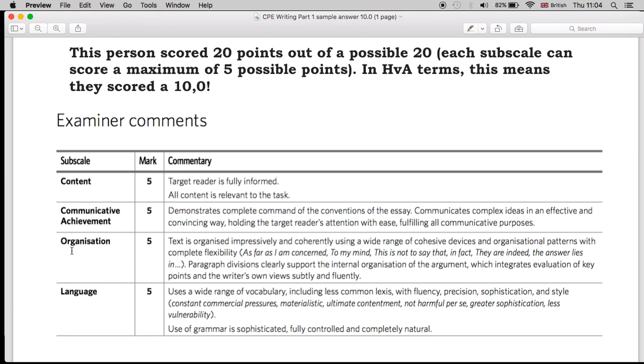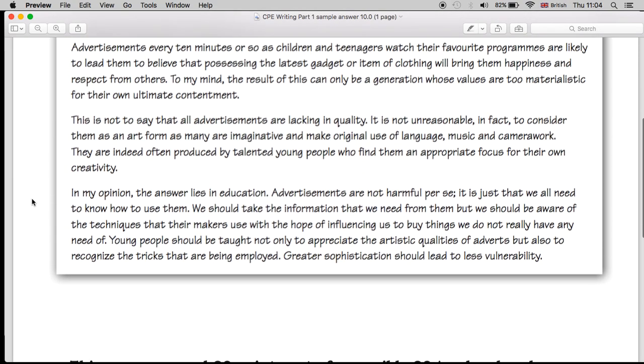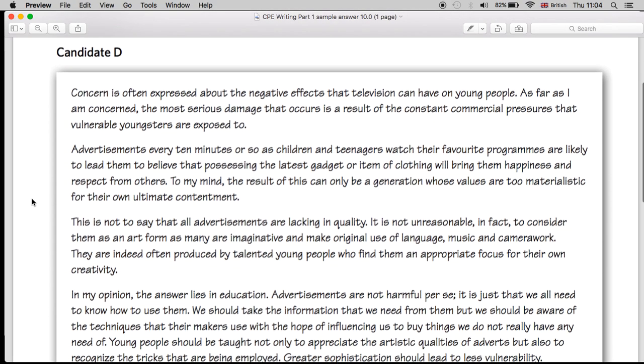Organization, is your writing logical and well organized? Do you use cohesive devices, linking words and structures? And language itself, is the English, both grammar and vocabulary, the sentence structure accurate, but also at the level which is considered to be appropriate on a proficiency level test?